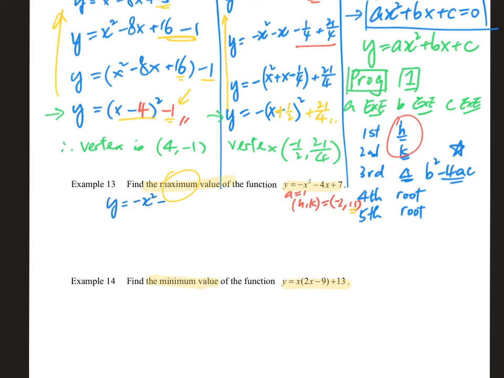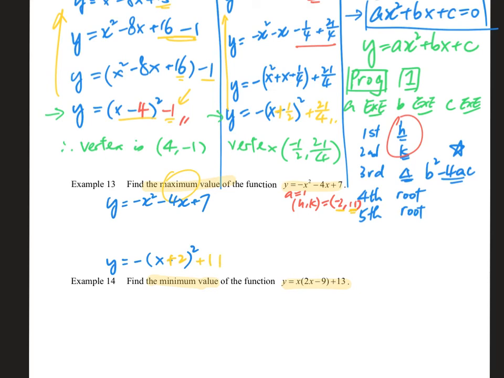It's minus x squared minus 4x plus 7. Your final outcome of the vertex form should be a is minus 1, brackets x minus something squared. You've got minus 2 as h, so that's why it becomes plus 2. You've got k is 11, so that's why it's plus 11.